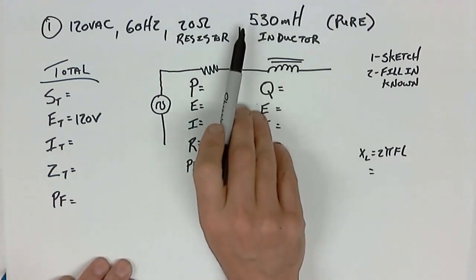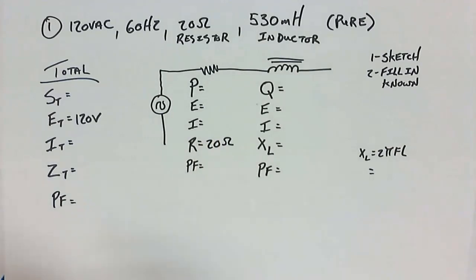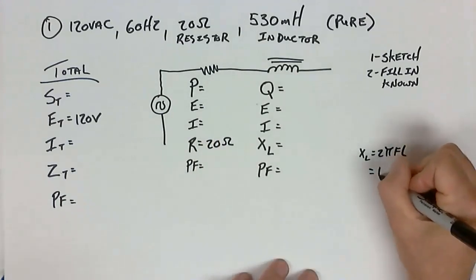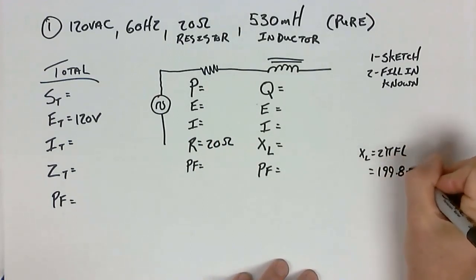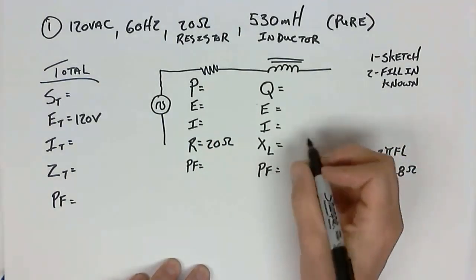No, come on, 0.530. Gives me 199.8 ohms. Ohms of what? Ohms of inductive reactance.